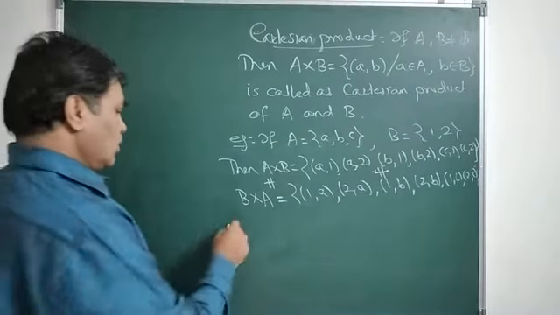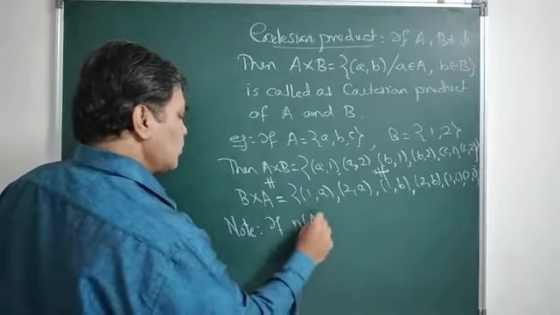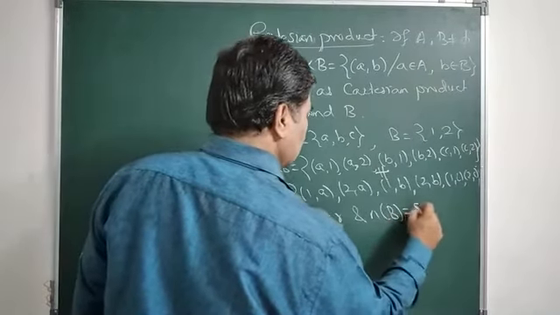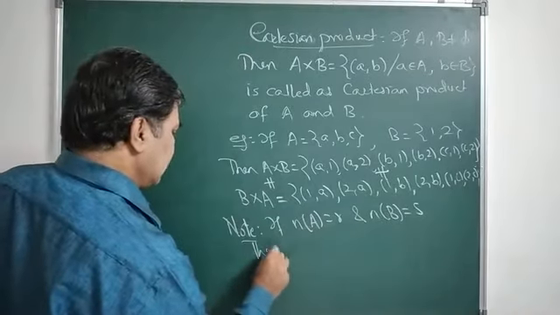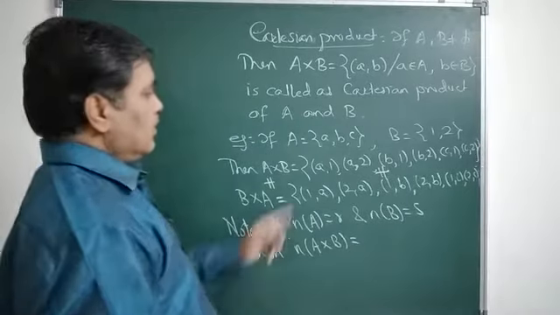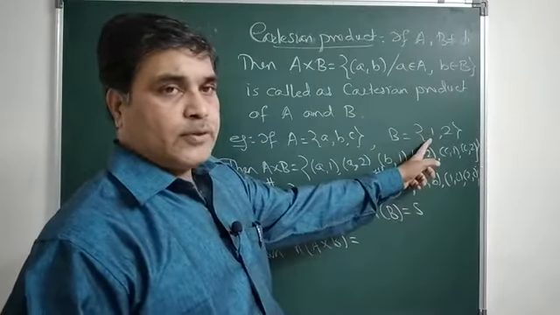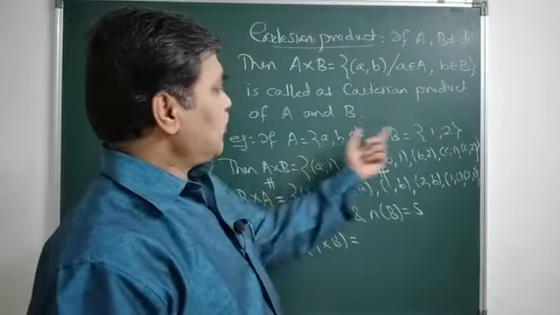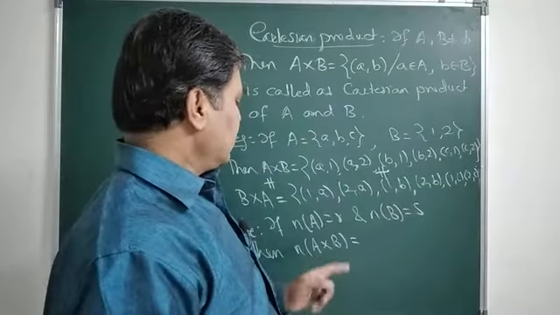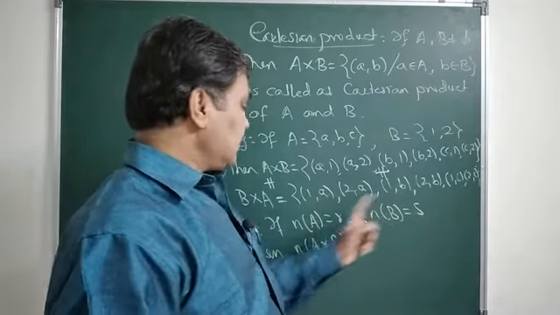Okay. Note, if the number of elements in A is equal to say R and the number of elements in B is equal to S, then the number of elements in A cross B is equal to R times S. Every element of A forms a pair with every element of B. So the first element forms pairs with each element of B. If B has S elements, the first element gives us S pairs, the second element gives us S pairs, and so on.